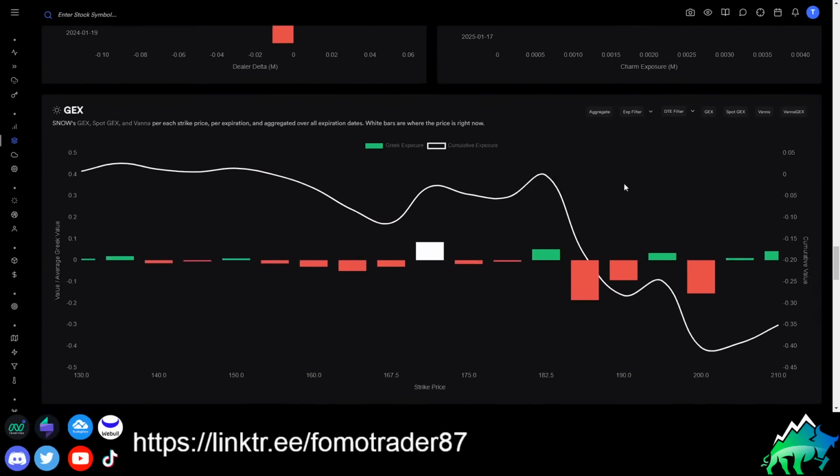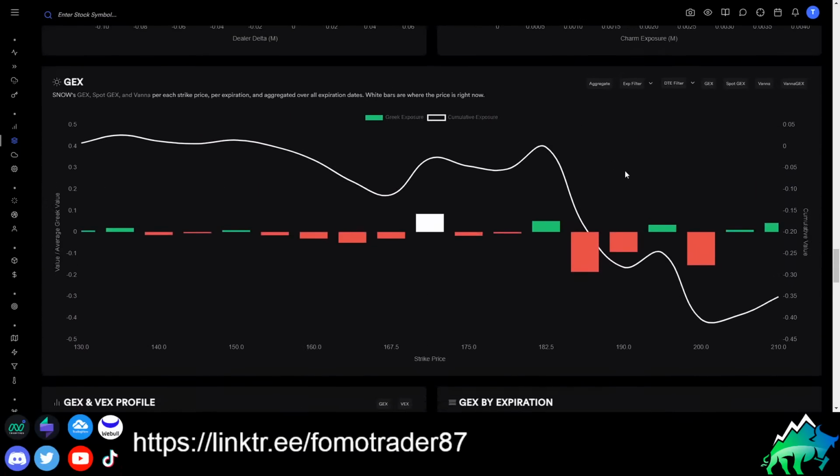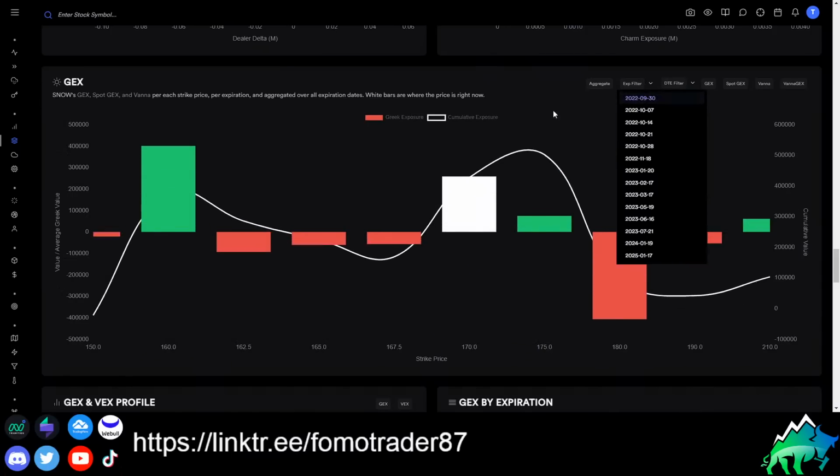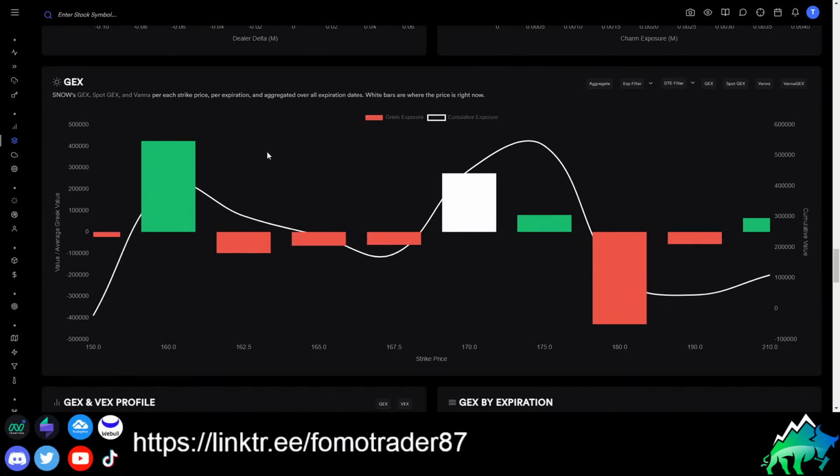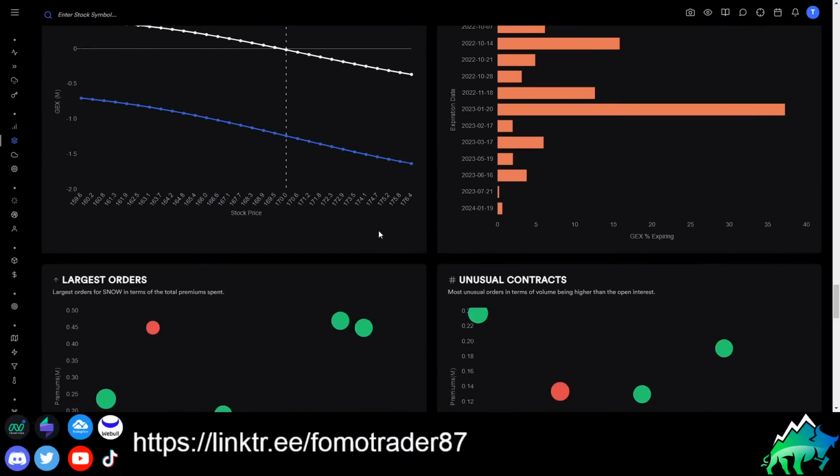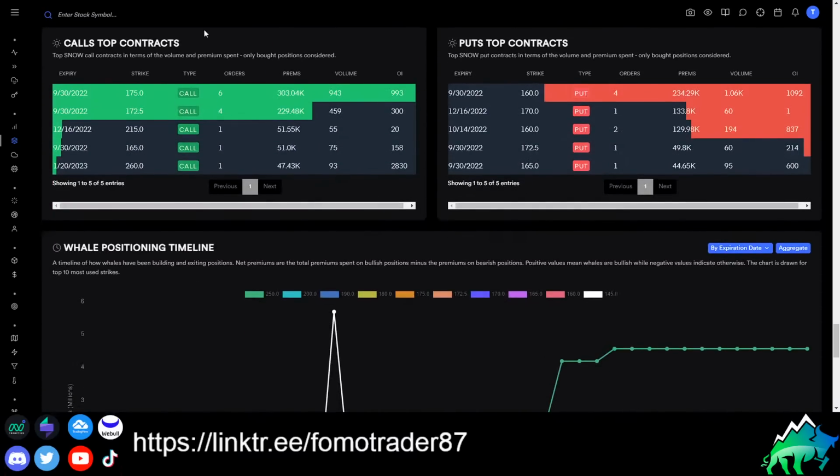Now, if we look at our GEX, biggest GEX level is negative, and it's at 185. But if we look for September 30th, we have a range in between 160 positive to 180. And big contracts.